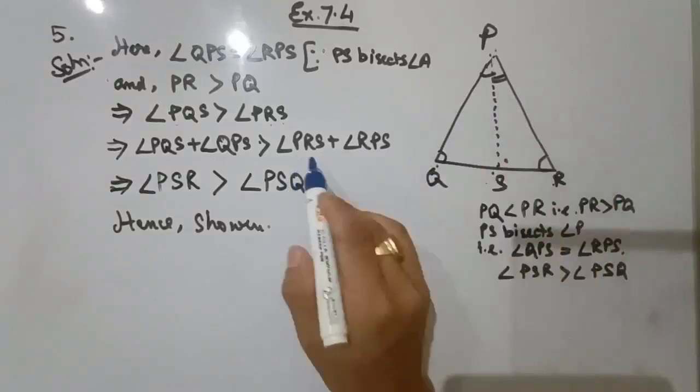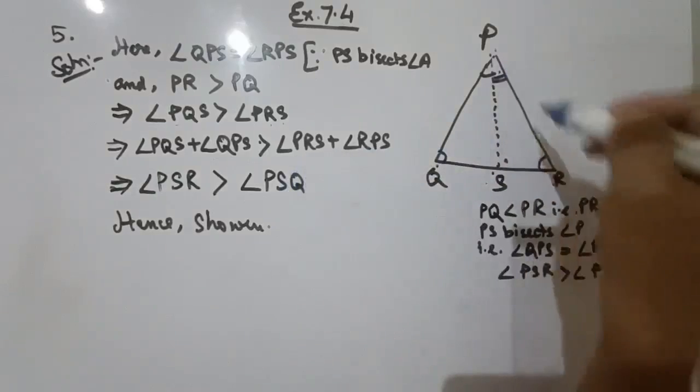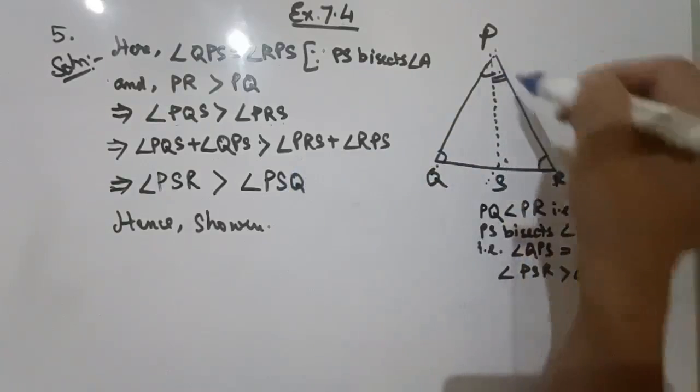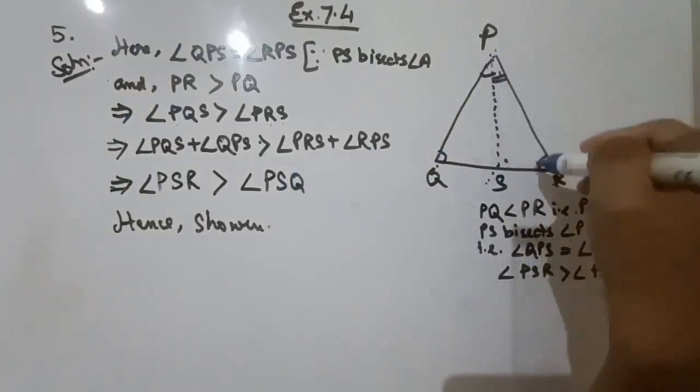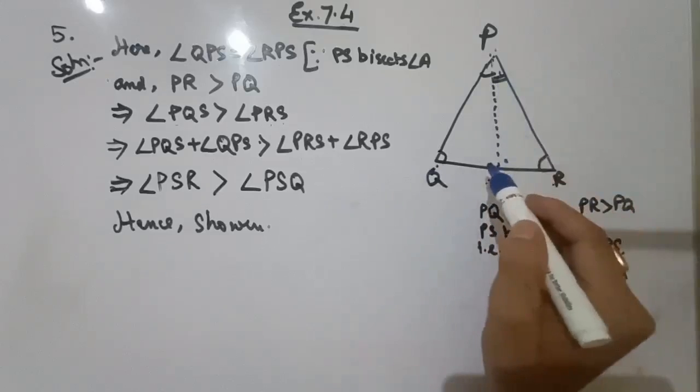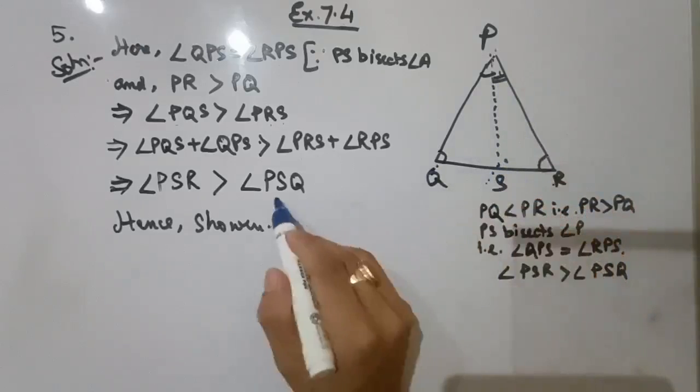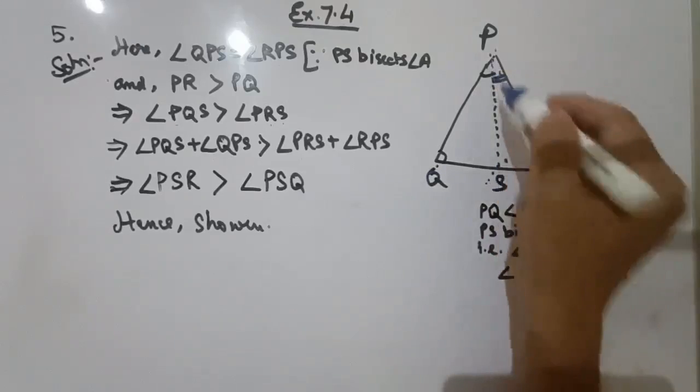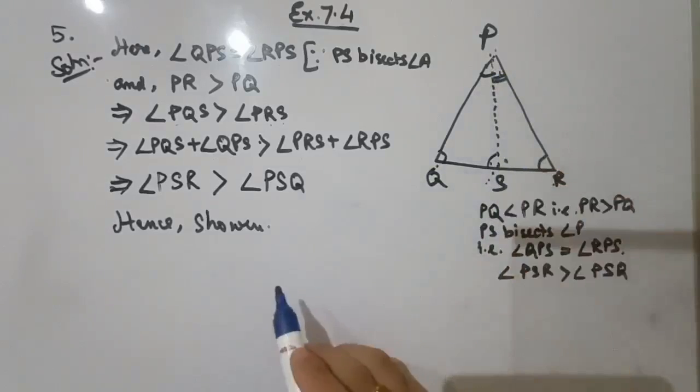Similarly, the addition of angle PRS and RPS, that is the two interior angles, is equal to the opposite exterior angle, that is angle PSQ. Hence proved.